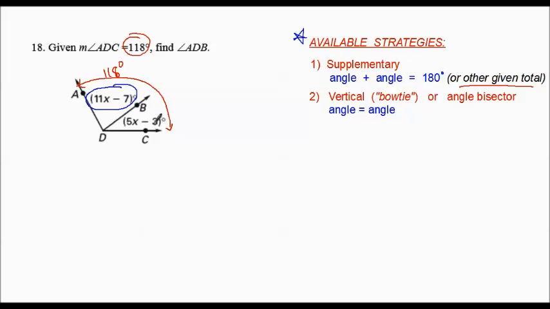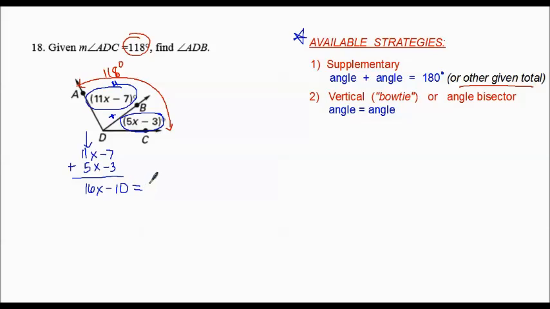11x minus 7 plus 5x minus 3 should equal the 118. The easiest way for me to add these things together is 11x minus 7 plus 5x minus 3. Just go ahead and add downwards. 11 plus 5 is 16x. Negative 7 and another negative 3 is negative 10.